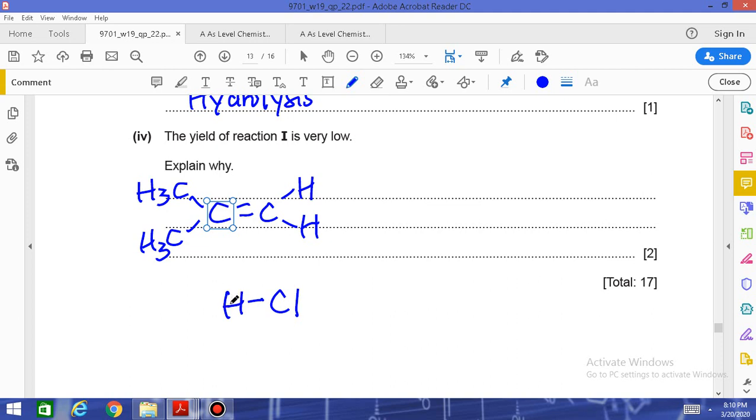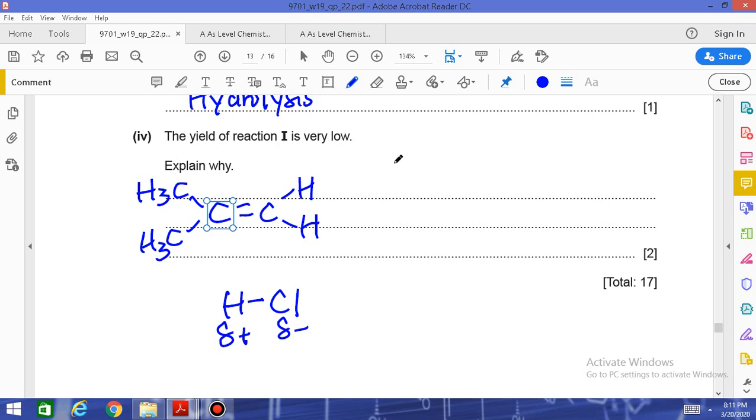Electrophilic addition. Which one is more electronegative, hydrogen or chlorine? Chlorine is more electronegative, so chlorine has a partial negative charge while hydrogen has a partial positive charge.